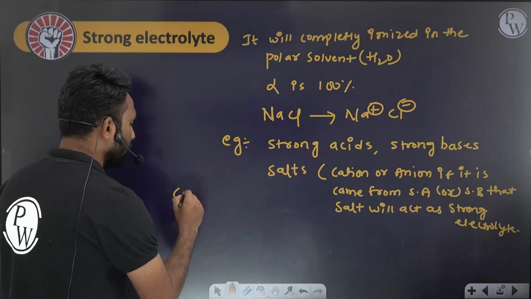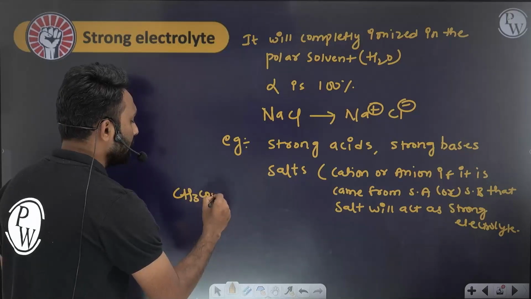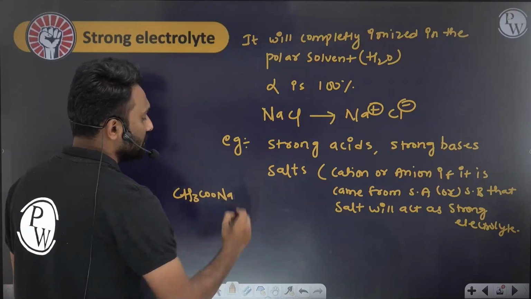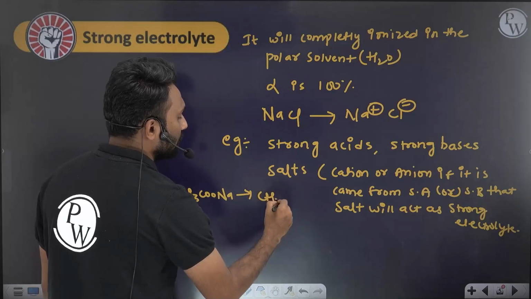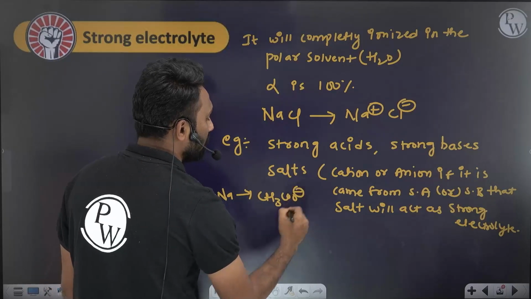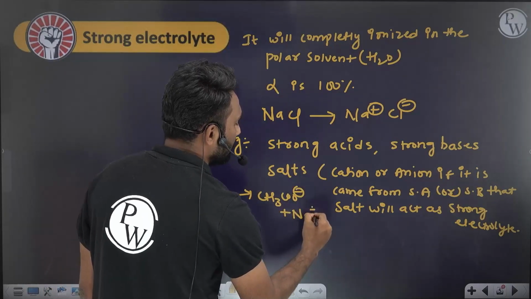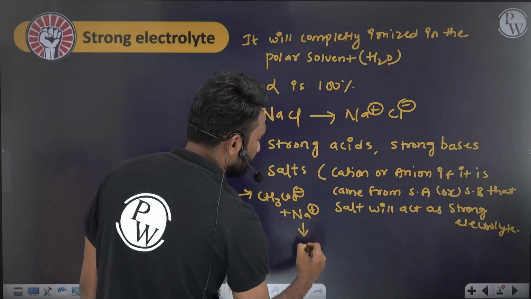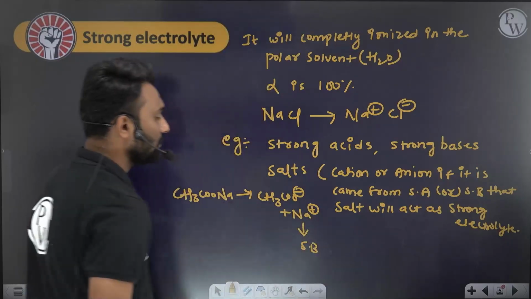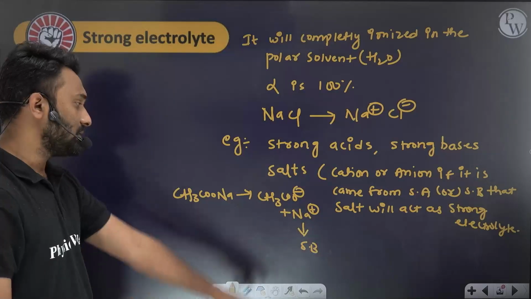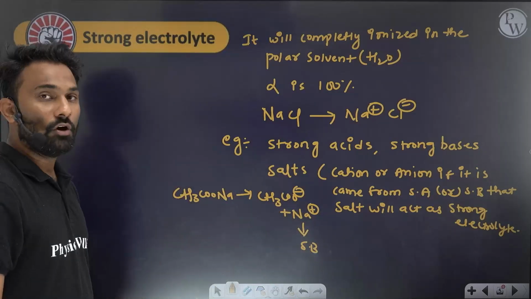Best example, sodium acetate. Sodium acetate dissociates into the acetate ion and Na plus. This Na plus has come from the strong base, so this is a strong electrolyte.